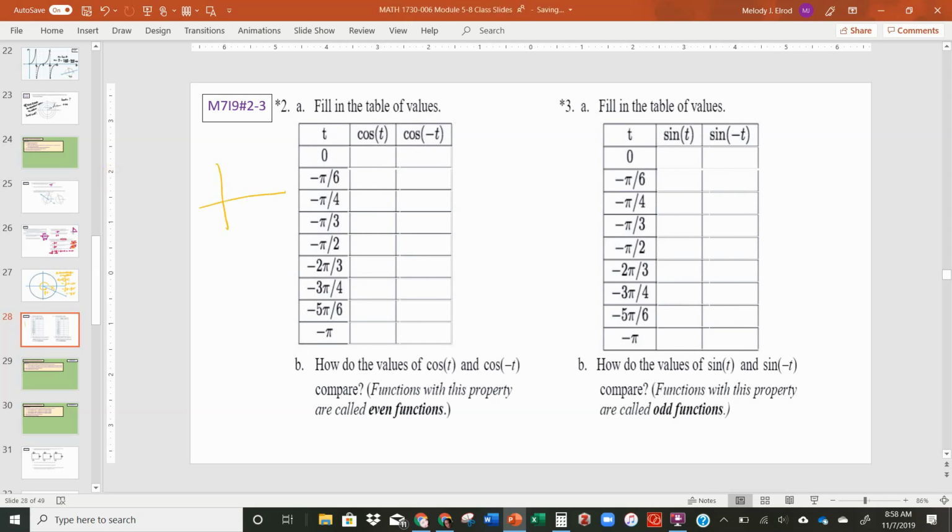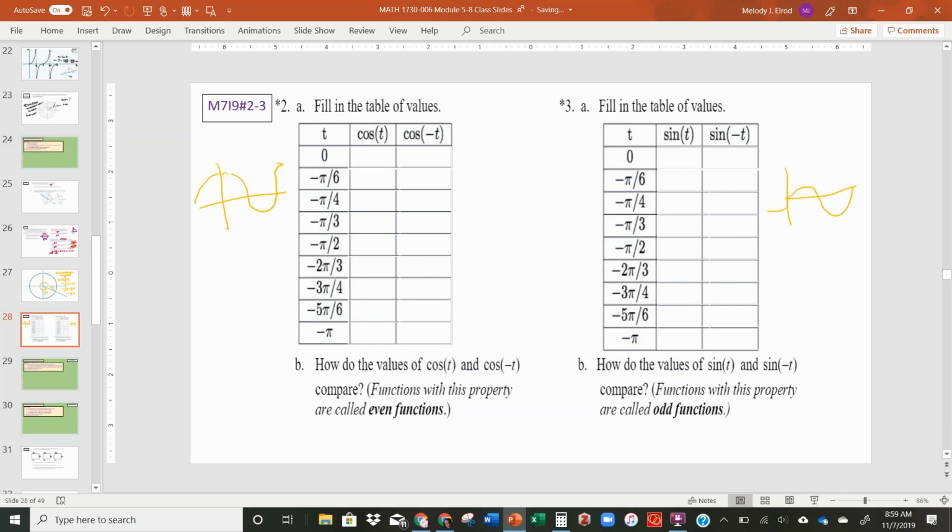Cosine looks like this, and sine does this thing. What we want to explore is how that is related to the way that sine looks when it moves backwards, and how it is related to the way that cosine looks when it goes backwards. So let's take some time to consider that.